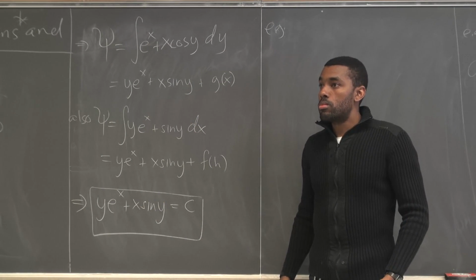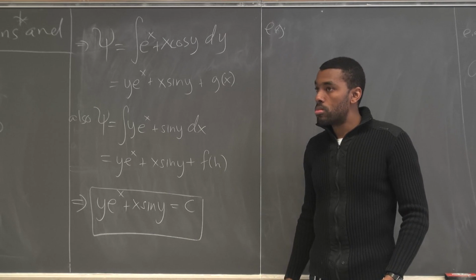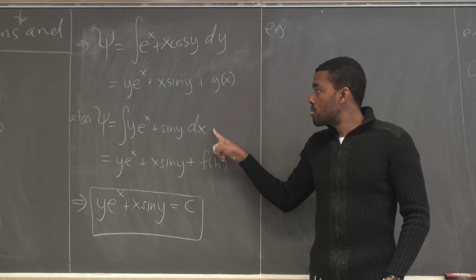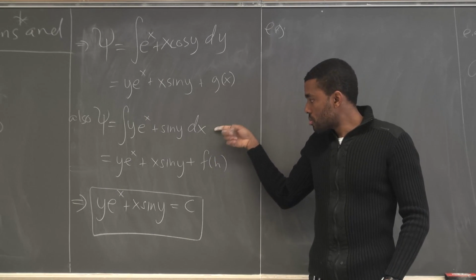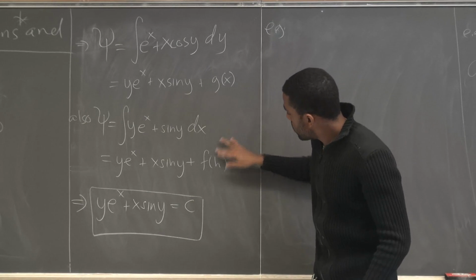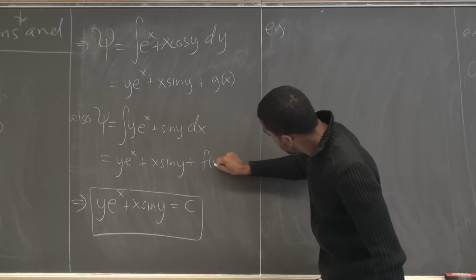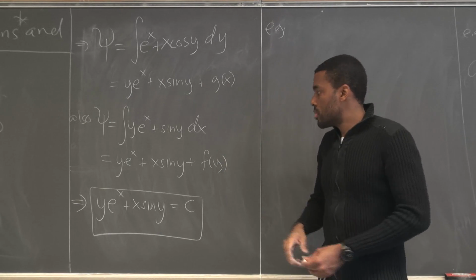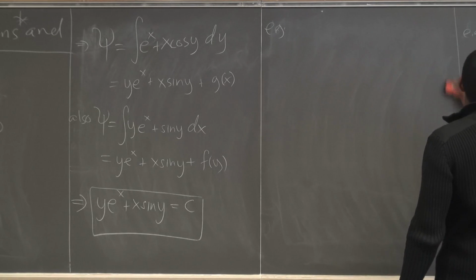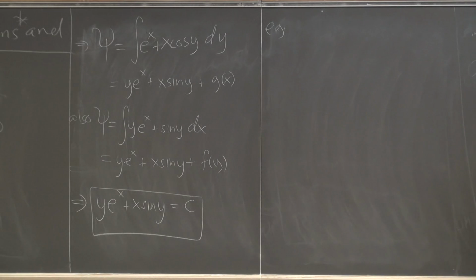For the second one, when you took the integral with respect to x, why is it f of h and not f of y? The constant. That's a typo. Yes.